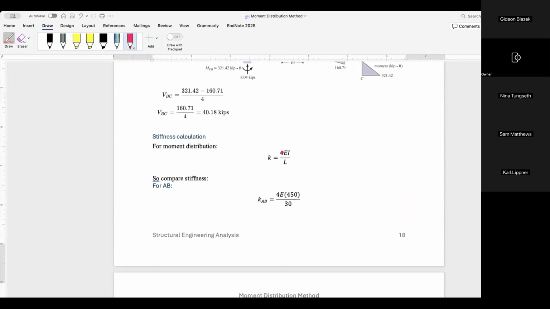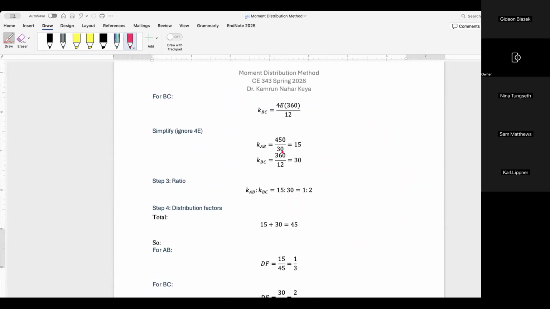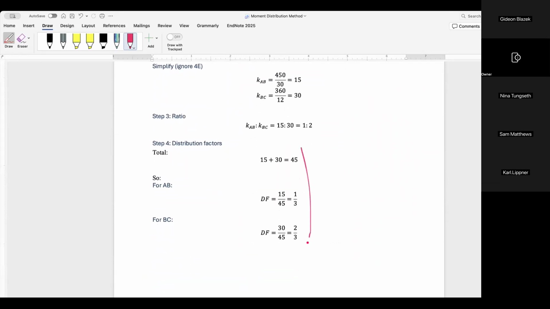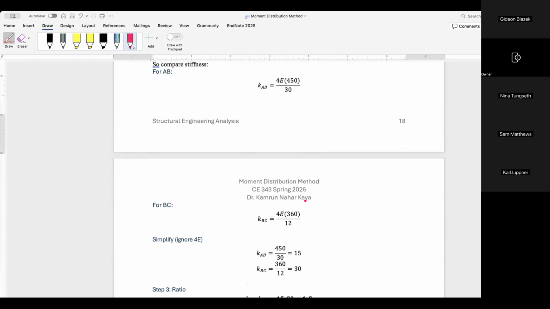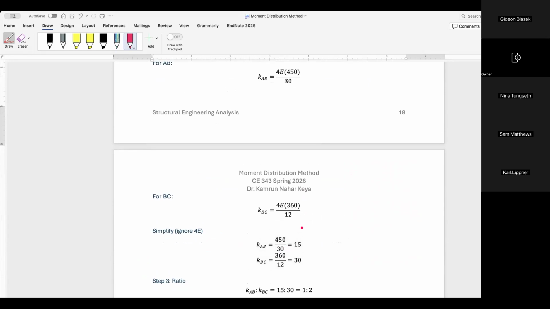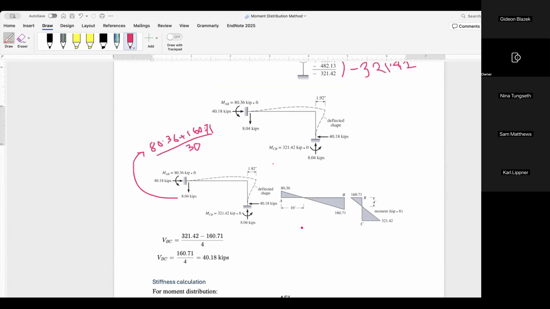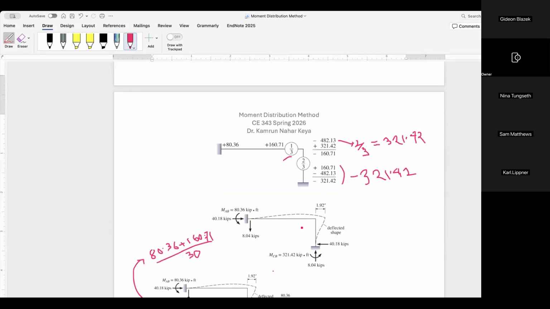Did I add that? Yes, I added that. Distribution factor. Okay. So we get the distribution factor the same way we got the previous one. We wrote the equation, get the summation of the stiffness and the stiffness of the bar. From that, get distribution factor.